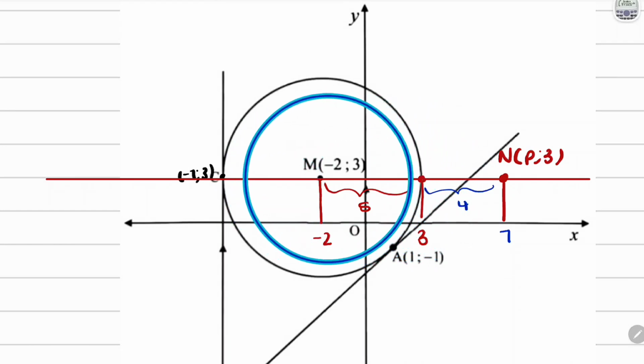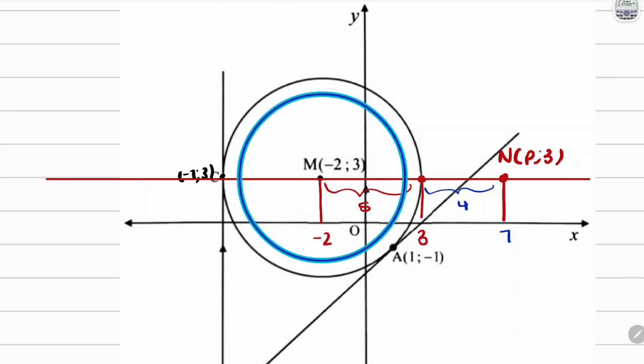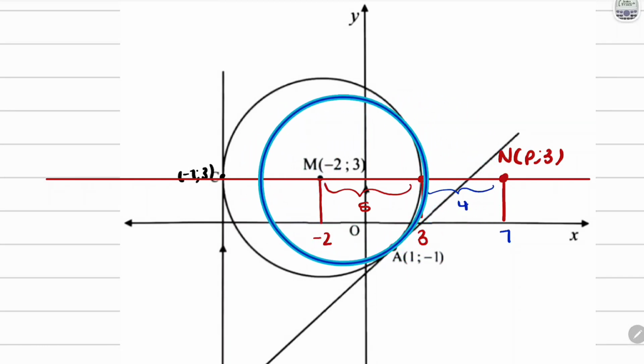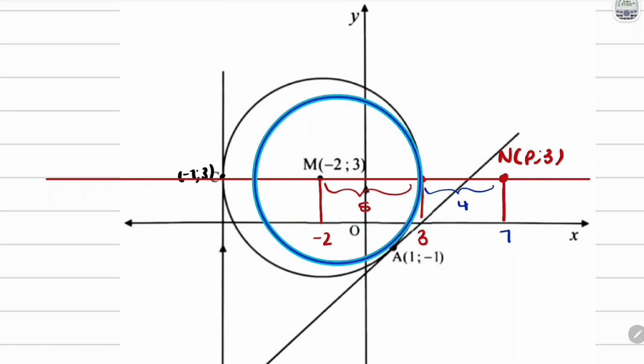Because if you keep moving and just P being less than 7, at some point it doesn't even intersect anymore. It's not intersecting at all. So the last place we should move it is to this point, because you see here it's still intersecting at two places, and we just need to let it sit on the other circle. This is the last place they intersect. So it needs to be less than 7, but it shouldn't go beyond this.